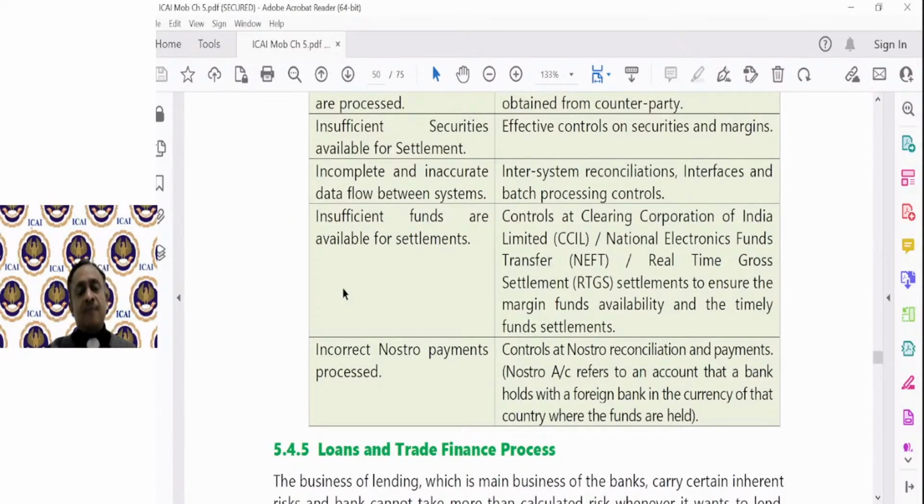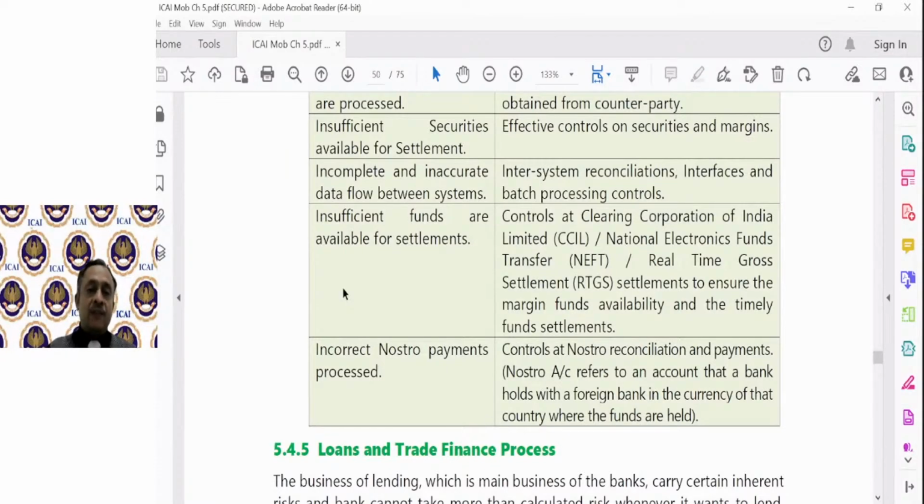State Bank of India has a branch in New York, and all State Bank of India settlements to the US are done through that New York branch. There they have a US dollar denominated account where all these foreign currency transactions are done. So a nostro account refers to an account that a bank holds with a foreign bank in the currency of that country where the funds are held.